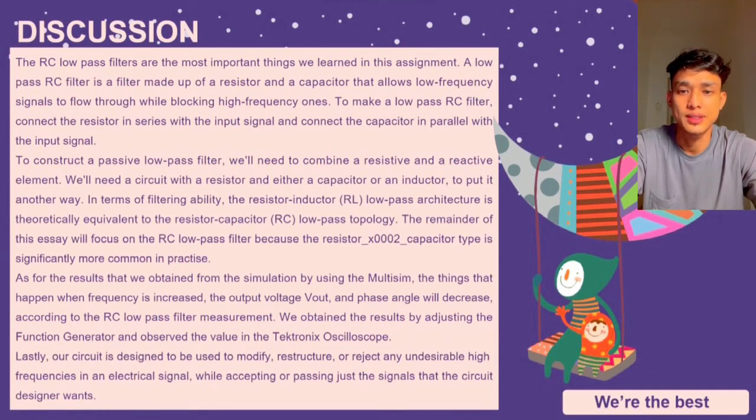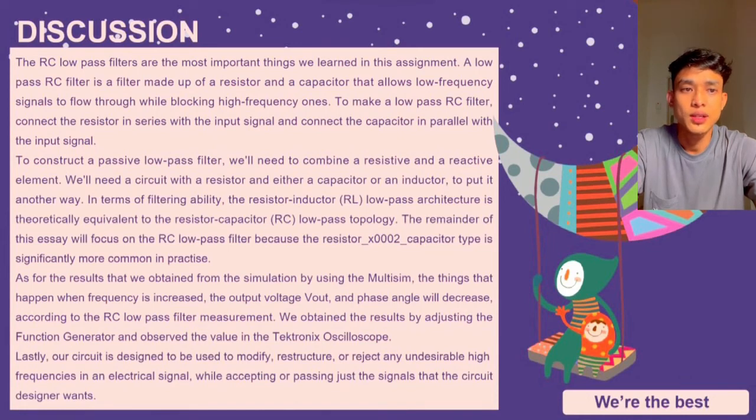As for the results that we obtain from the simulation using Multisim, when frequency is increased, the output voltage V out and phase angle will decrease according to the RC low-pass filter measurement.